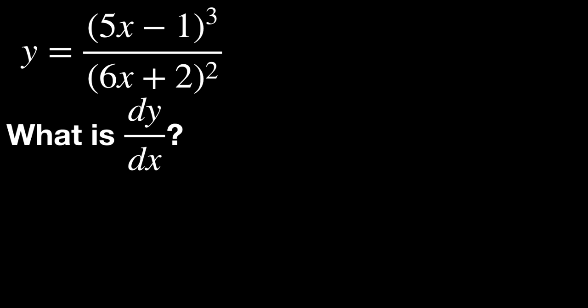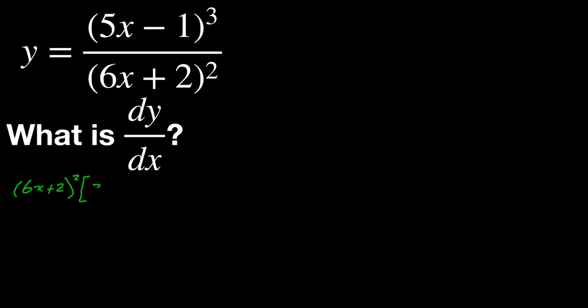All right, so now we've got one using quotient rule. So what we're going to do is start out with quotient rule with the bottom, which is (6x plus 2) squared, times the derivative of the top.